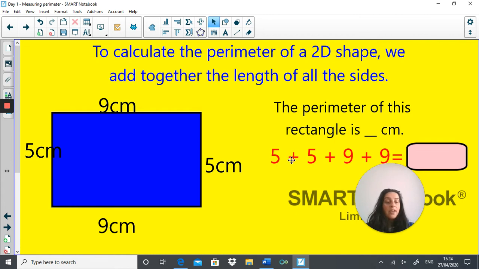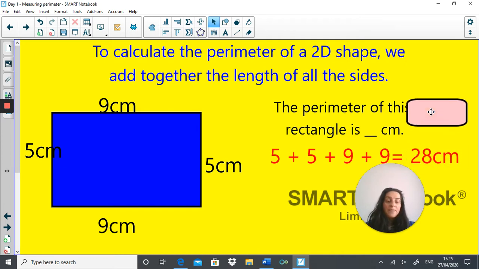So here we go, 5 plus 5 plus 9 plus 9. What is that? Pause the video to try and work it out. That's right, it's 28 centimeters. So the perimeter of this rectangle is 28 centimeters. Well done for those of you who got it right.